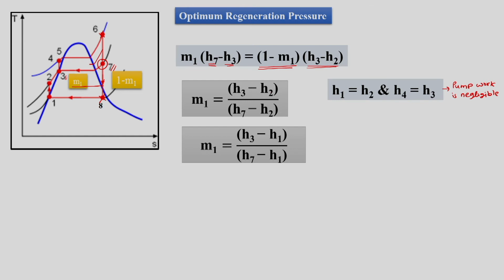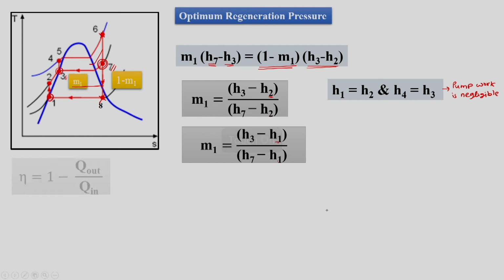Having said this, we can put this over here, and then M1 is equal to, with H2 replaced by H1, H3 minus H1 divided by H7 minus H1.